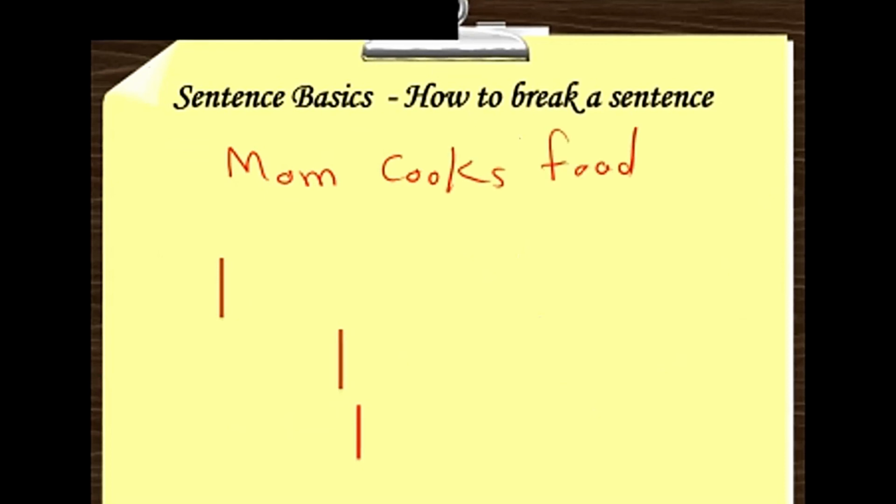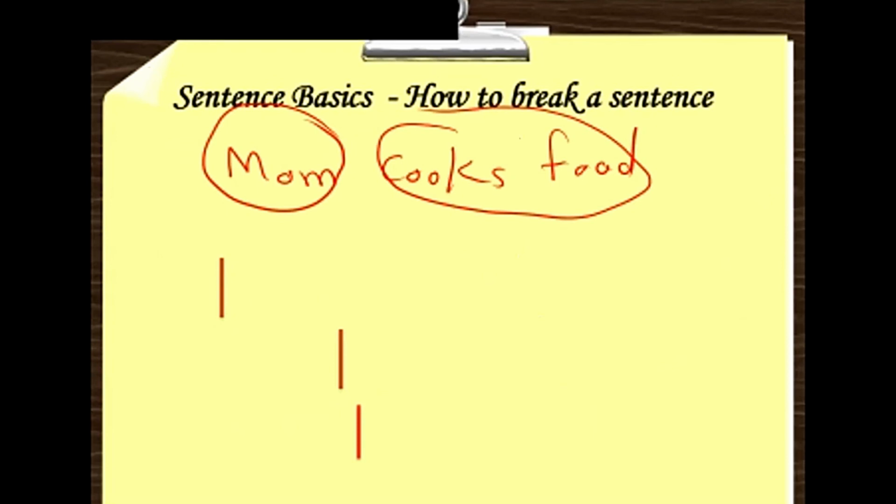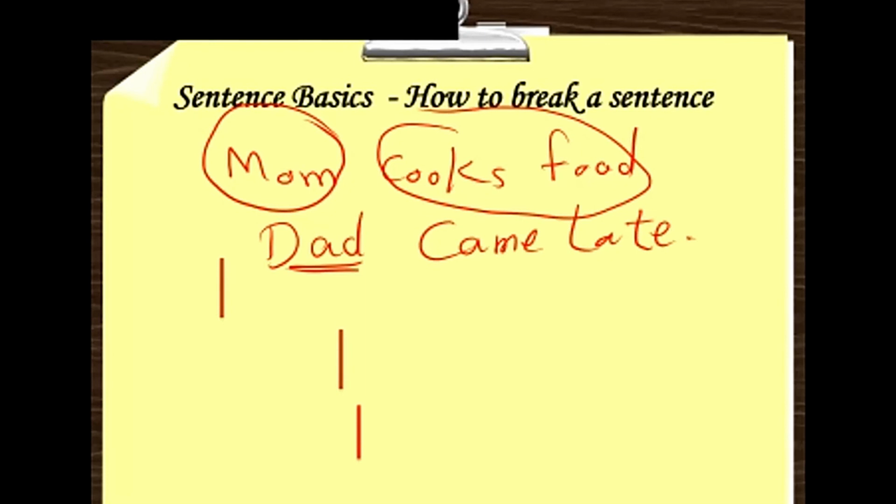So where is the naming part? It's Mom, and the action part is cooks food. Dad came late. So that is the naming part, and came late is the action part.